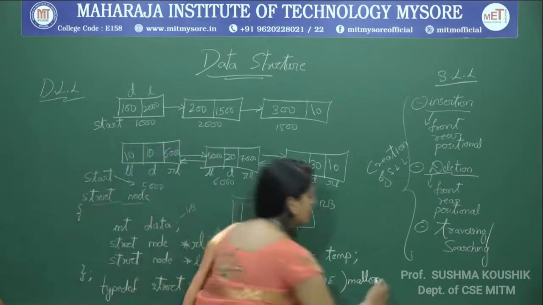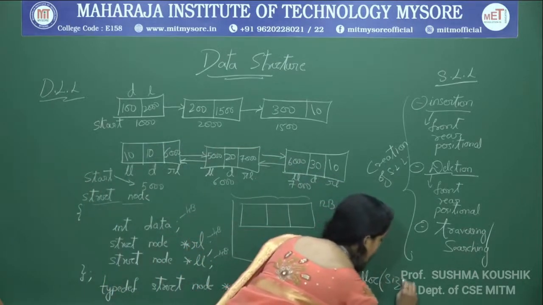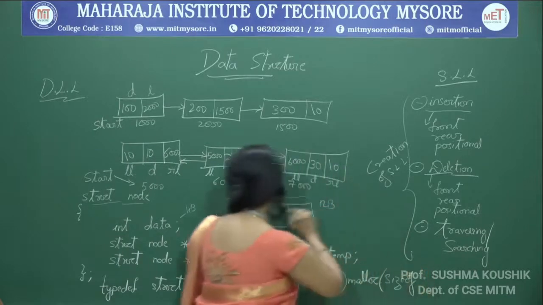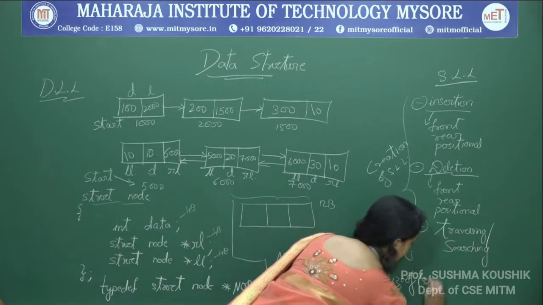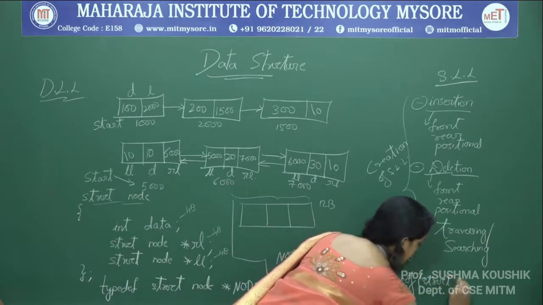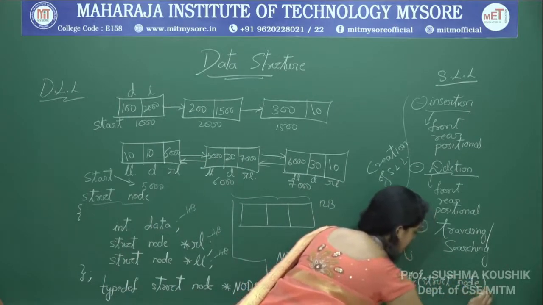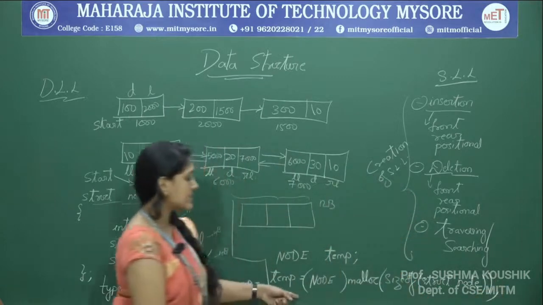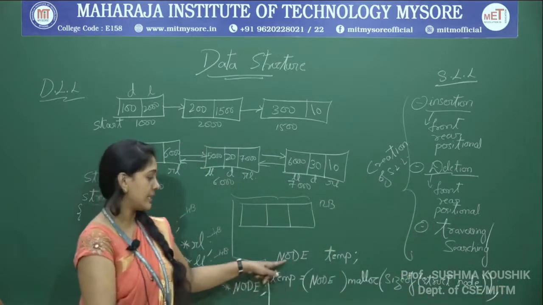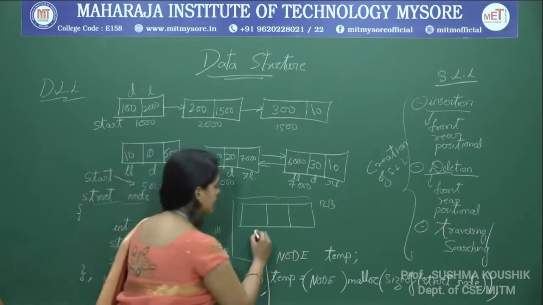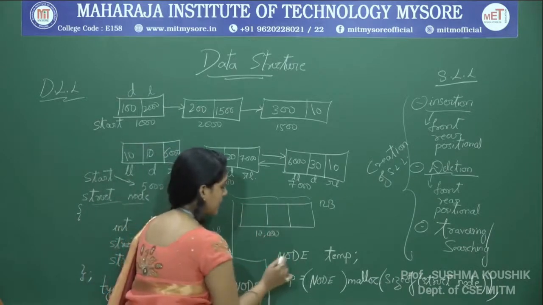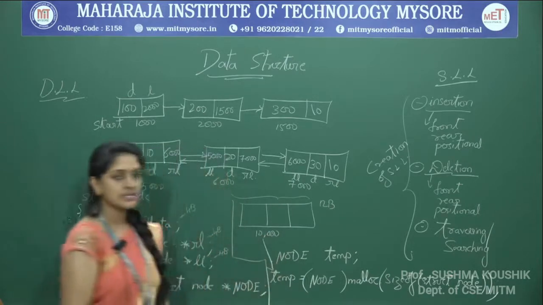So, now malloc sizeof, either you can write node or you can write struct node. Now, this line is helping us to create this particular memory block, and if this address is something like 10,000, now 10,000 comes and sits in the temp.